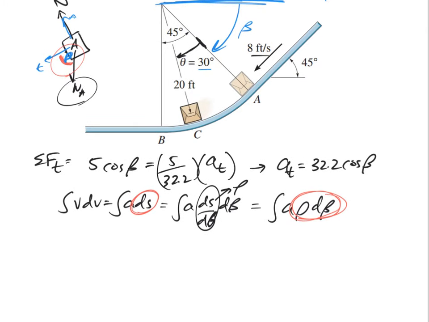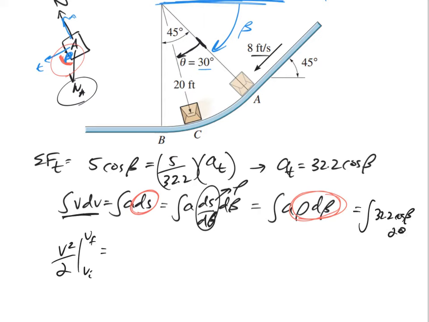All right, so the integral of v dv would be v squared over 2 from v initial to v final. And that is equal to this integral of 32.2 cosine beta times rho. And rho is this constant 20 feet.